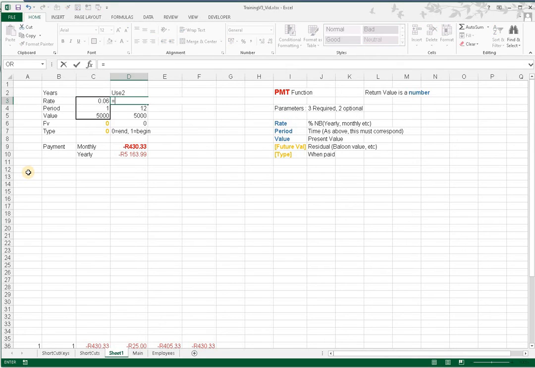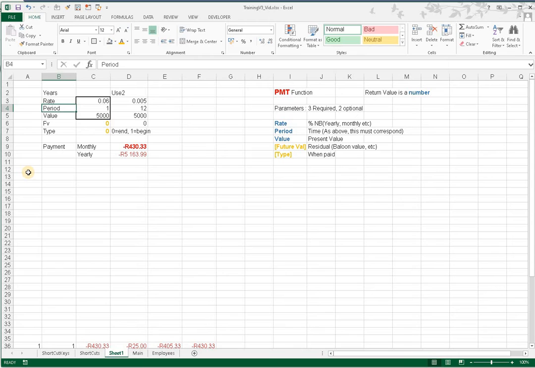So I could say is equal to the 6% that it costs me per year divided by 12. I then get 0.5%. If this were 7.5%, that would be my monthly interest rate. But let's leave this at 6% for the time being.